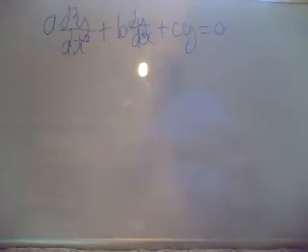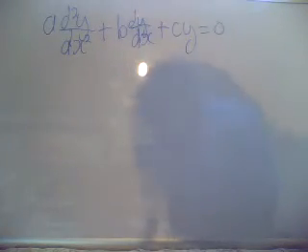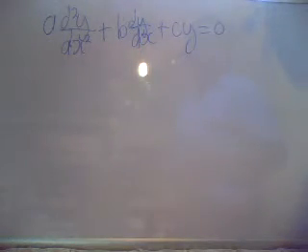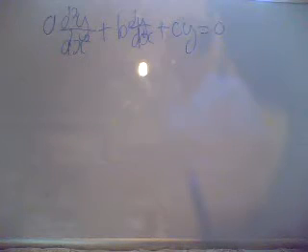So it's ordinary as y is only a function of x, and it's homogeneous as the right hand side is equal to 0. This is the standard form. a, b, and c are constants. So you've got d squared y by dx squared, dy by dx, and y.